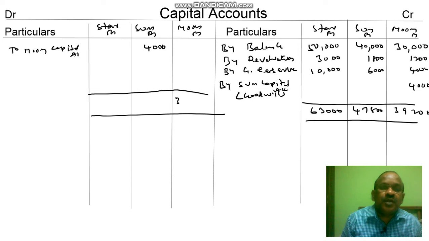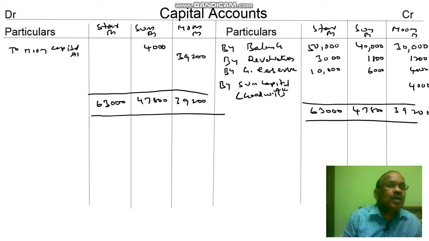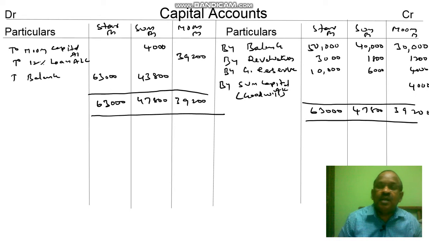These 39,200 are transferred to his 12% loan account. To balance, here 63,000, 43,800. It is the capital account, students.